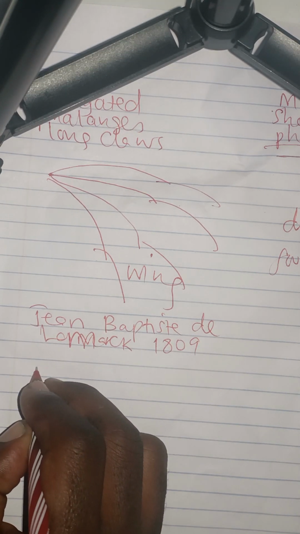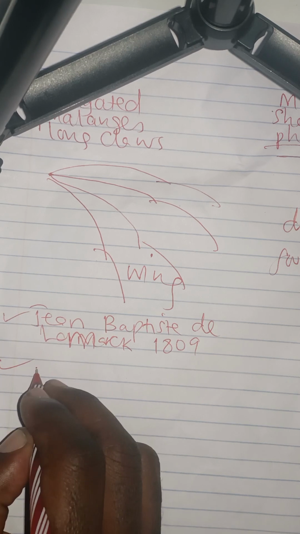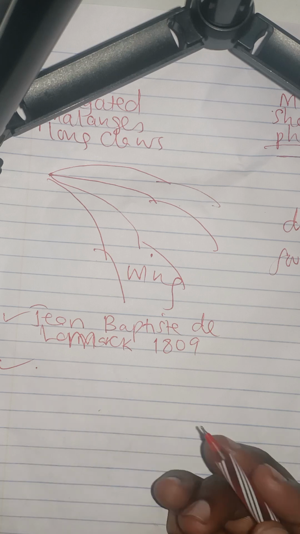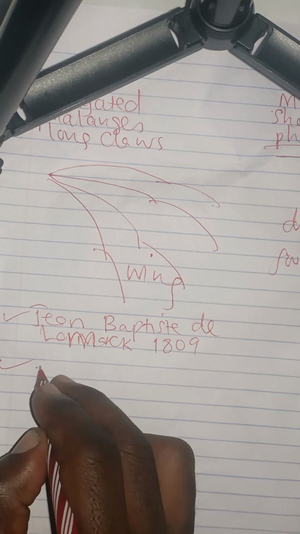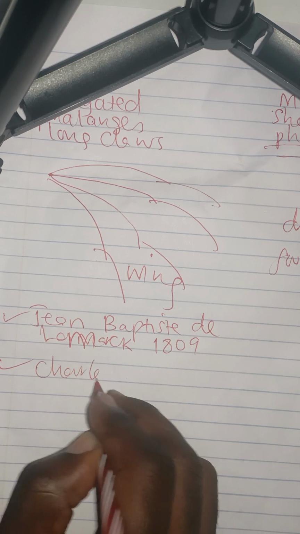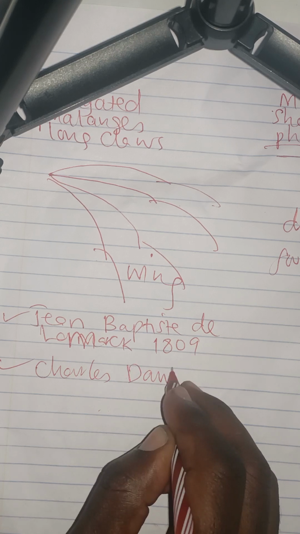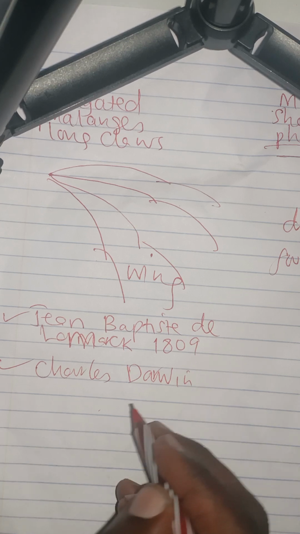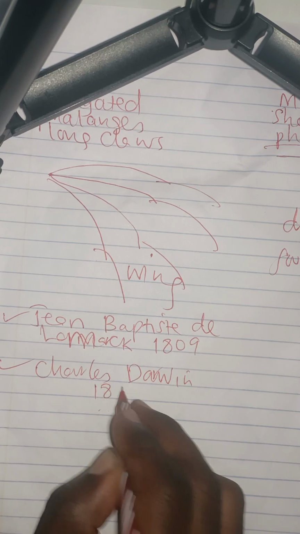We have this other scientist, an archaeologist and a philanthropist who loved his country so much, called Charles Darwin, who also came up with a theory that has helped us much as far as evolution is concerned.